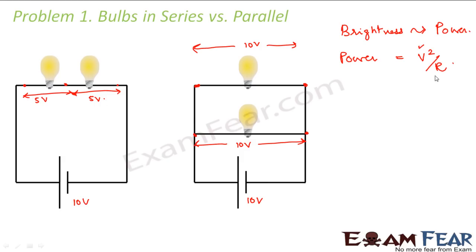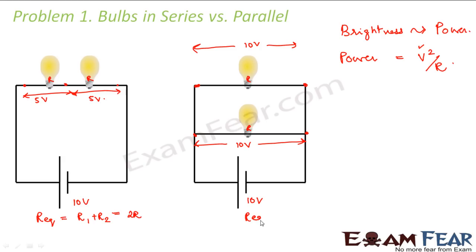And what happens to the resistance? In case of series combination, the equivalent resistance is R1 plus R2. Let us suppose both the bulbs have the same resistance R. So here the equivalent resistance becomes 2R.